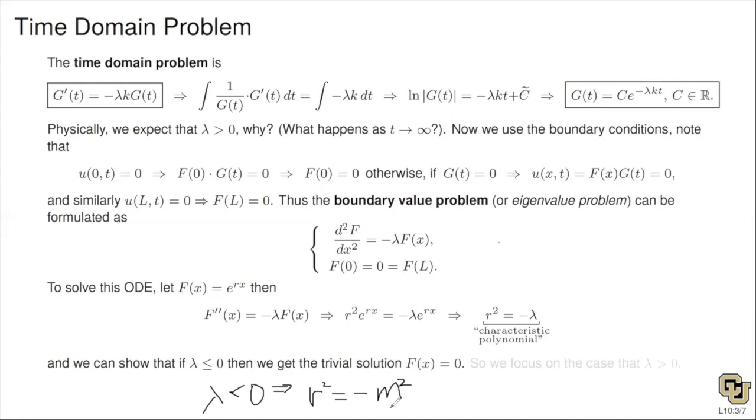So this would be my lambda. I would let this equal lambda, just so I can do the math. That way, this forces it to always be negative.